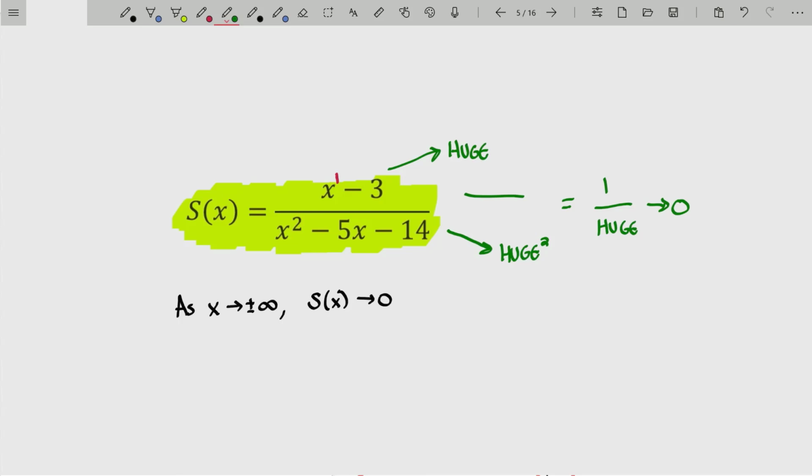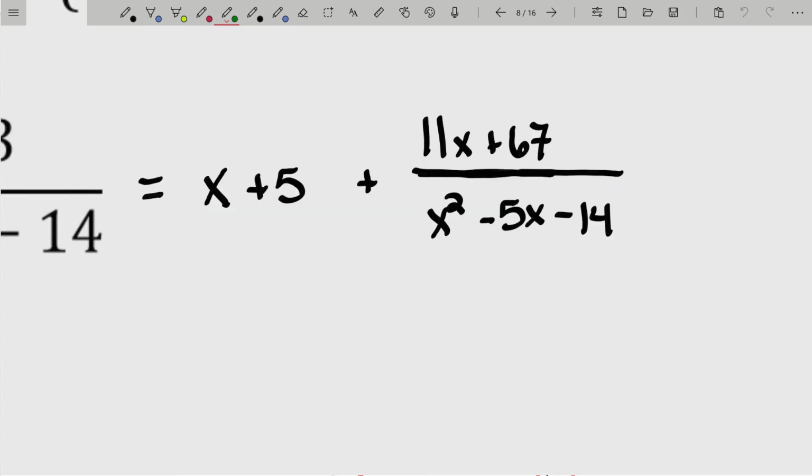Now let me go back to our example at hand. We're very interested in learning what happens as x goes to plus or minus infinity for this entire thing right here. Well, as x goes to plus or minus infinity, this fraction, because the numerator has less power than the denominator, will tend to 0.